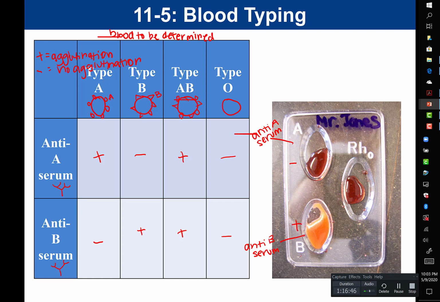So we get agglutination in B. Again, I'll come back to the Rh later. For now, just leave that. But if we don't get agglutination with the anti-A, and we do get agglutination for the anti-B, what blood type is Mr. Jones? Well, Mr. Jones has to be type B.